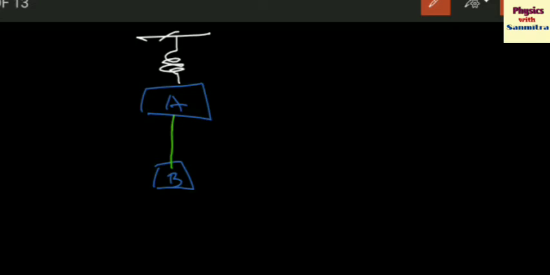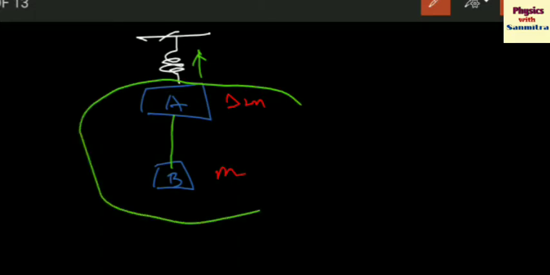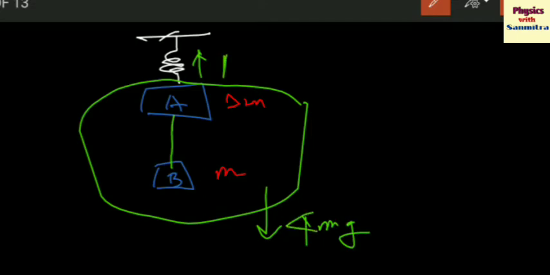This is 3m, this is m, so the spring at equilibrium, this whole arrangement will be pulling down by 4 mg, and so this force will also be 4 mg.